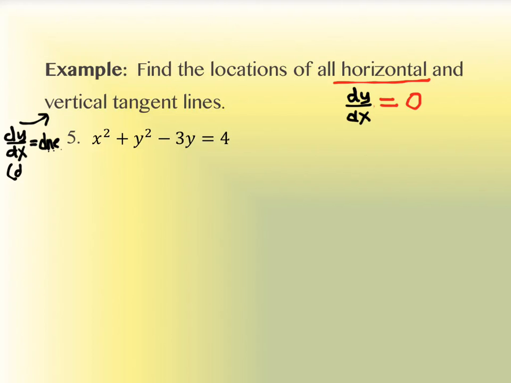And in essence, we want something where a denominator is going to be equal to 0. So as we start working through this problem, be thinking about this. Eventually, I'm going to have a dy dx, and it's going to have a denominator. And wherever that denominator is equal to 0, that's the location we're talking about. Now, if it does have a numerator and denominator, which it will, and I want the whole thing to be equal to 0, what's that going to mean in terms of my function?